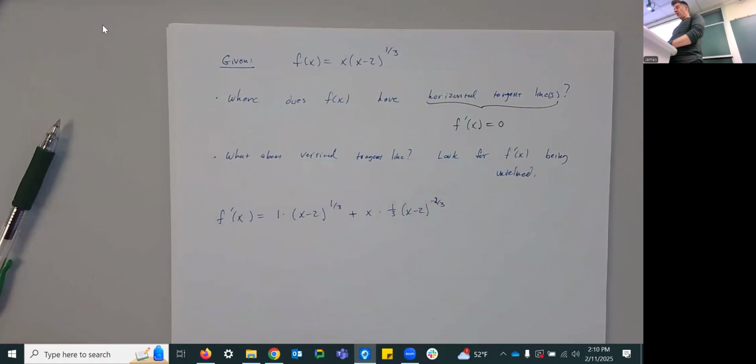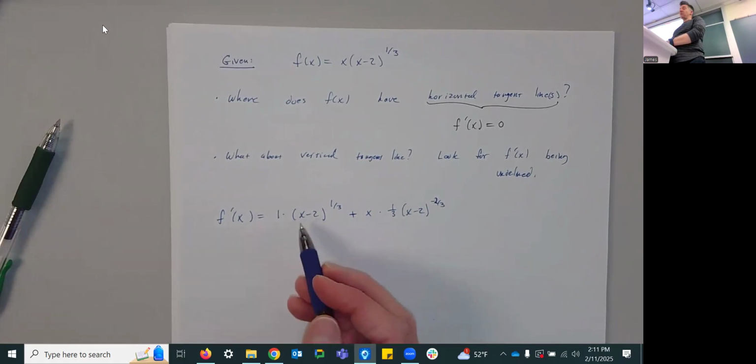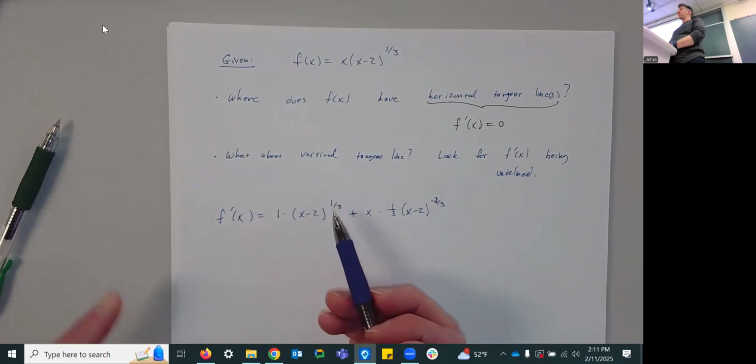All right. So, in my opinion, there's an obvious value of x that we should think about here. What is it? 2. If you plug 2 into the derivative, what do you get? You get 0 to the 1/3 power, and the cube root of 0 is 0.